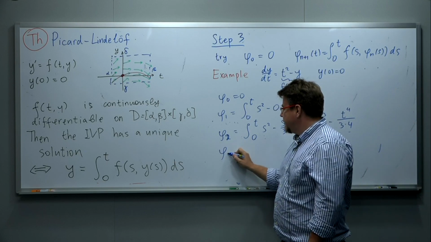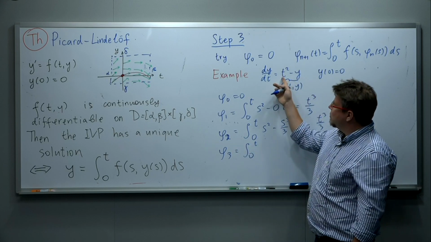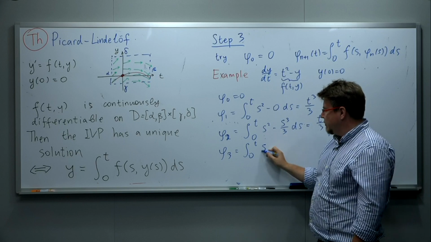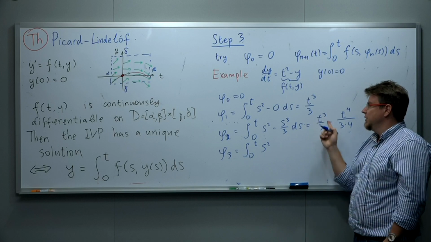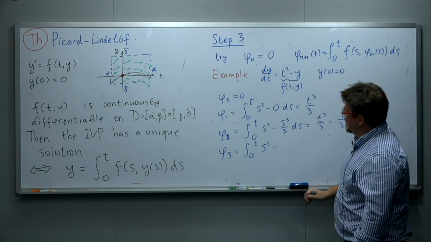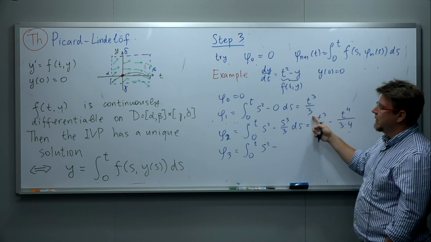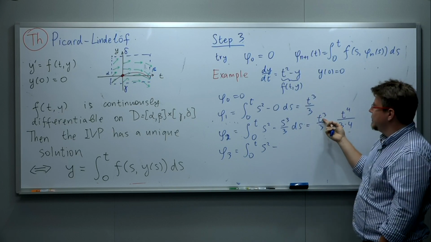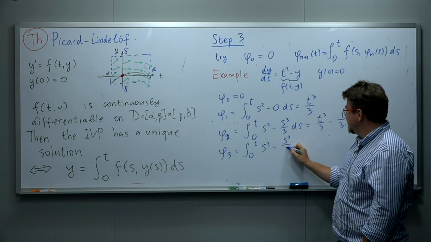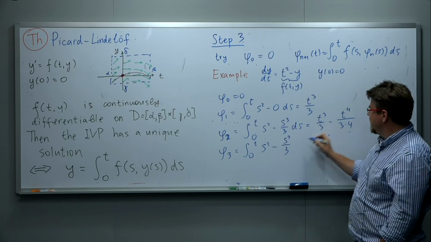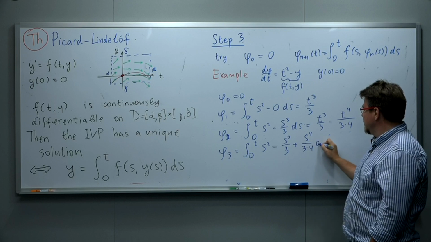Now phi 3 is going to be the integral from 0 to t, where t squared becomes s squared. So s squared is still here, which means that when we integrate, we're still going to have this t cubed over 3. Now, the previous y is this, only I need to replace t with s. So I'm going to have s cubed over 3 minus minus plus s to the 4 over 3 times 4 ds.